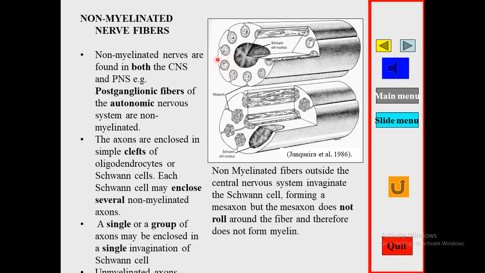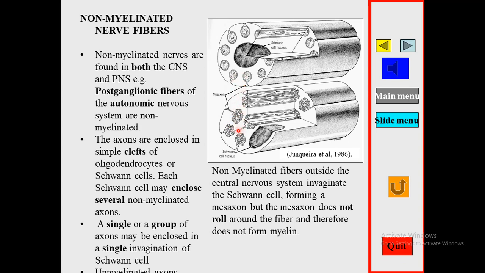The membrane of the Schwann cells is not wrapping the axons into many layers, so those nerves are called non-myelinated nerve fibers. Those clefts can contain a single axon or multiple axons. Several axons could be enclosed within the Schwann cell. Again, those are non-myelinated fibers.